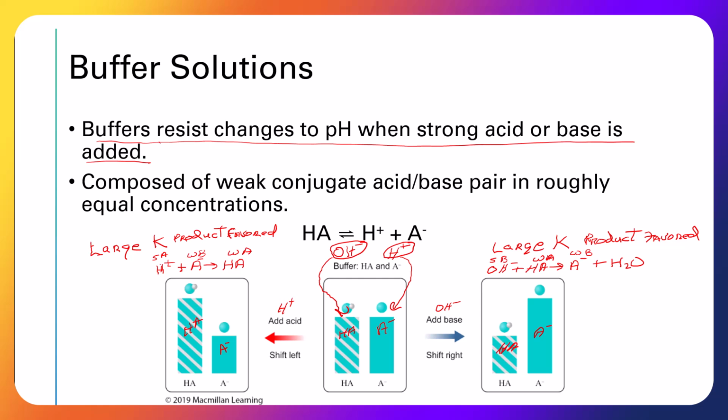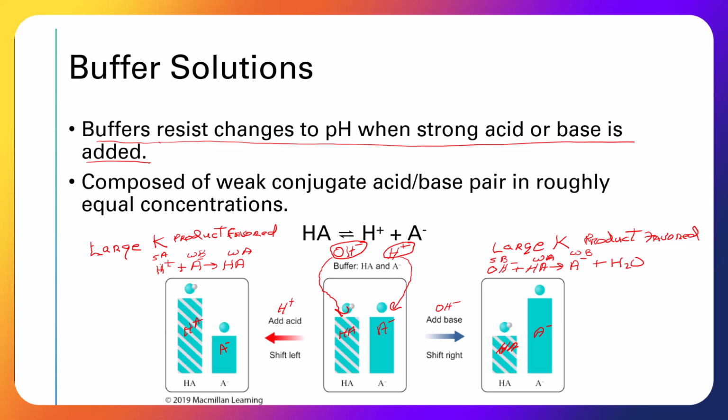Okay, so this again is a large K product-favored reaction. The strong base will go to completion reacting with the HA as long as there's enough weak acid to absorb all of the hydroxide ion, as long as you have enough buffering capacity.